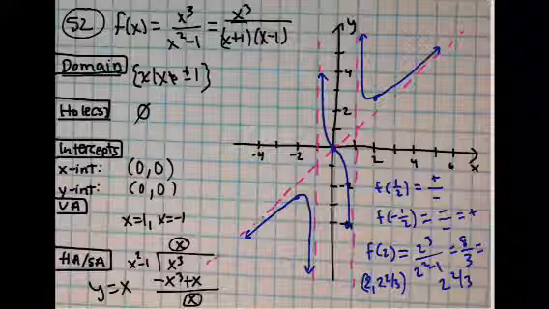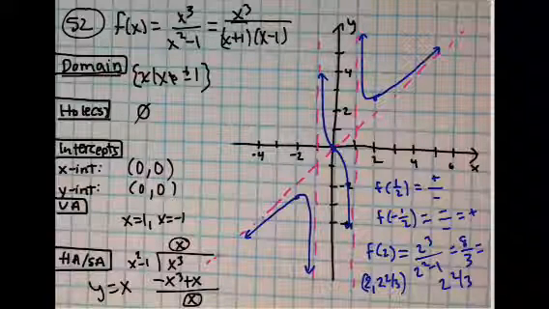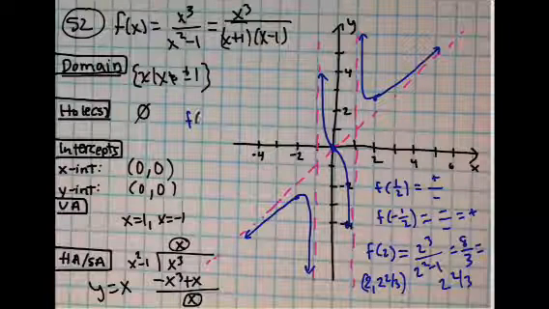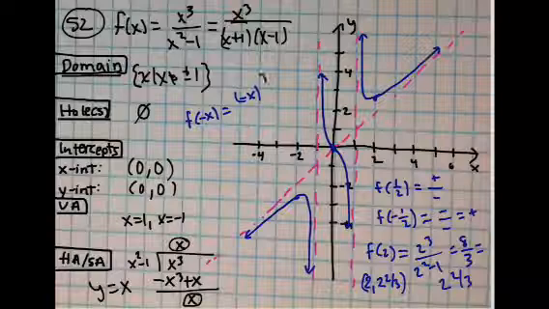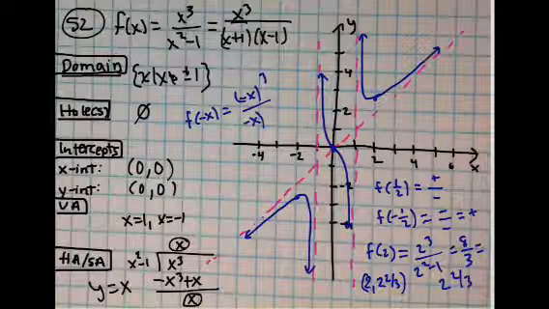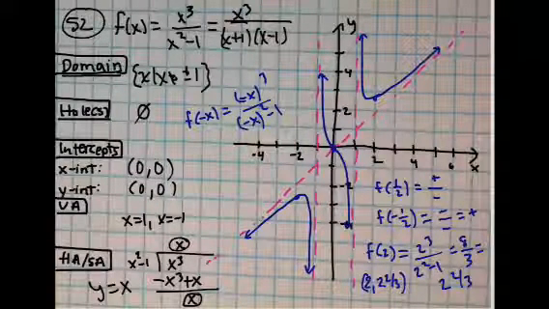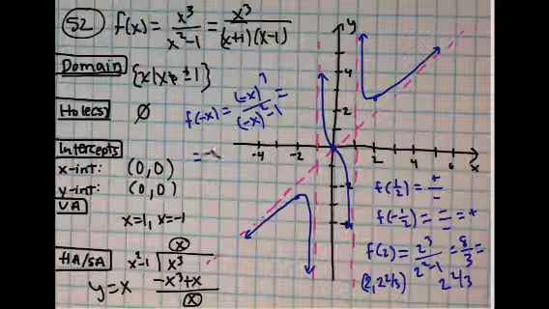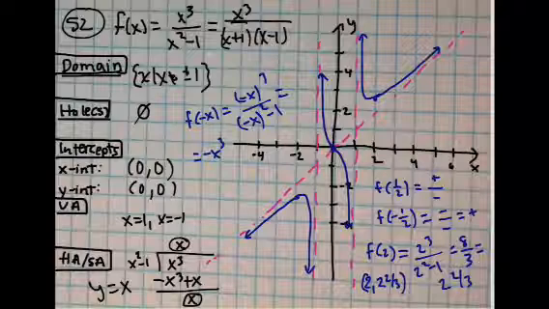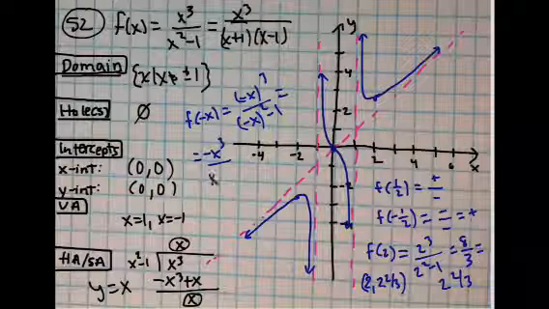So real quick, reviewing how to find even or odd. I'm going to replace all the x's with negative x: negative x cubed over negative x squared minus 1. Negative x cubed is negative x cubed. Negative x squared is positive x squared.